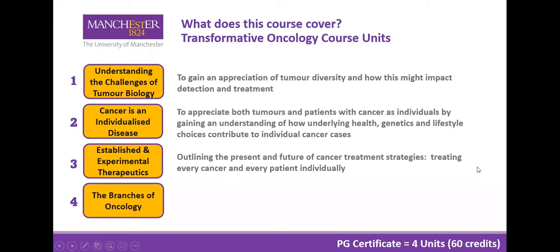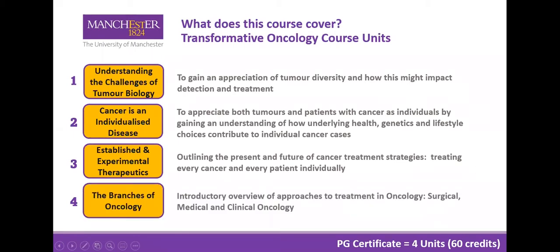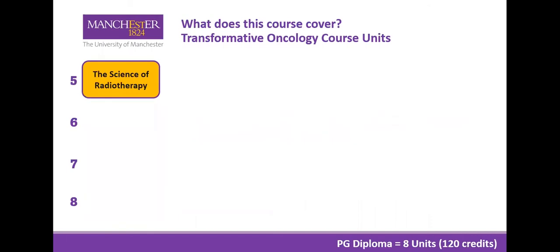And in the fourth unit, we look at the branches of oncology. So this is really an introductory overview to the approaches to treatment across the board in oncology. So whether it's surgical oncology, medical or clinical oncology, and how these different specialities intersect and work synergistically for the best outcome. Moving on to the fifth unit, this is all about the science of radiotherapy.